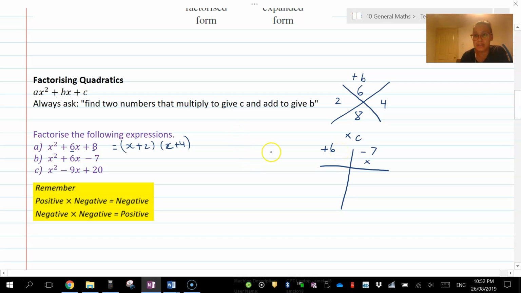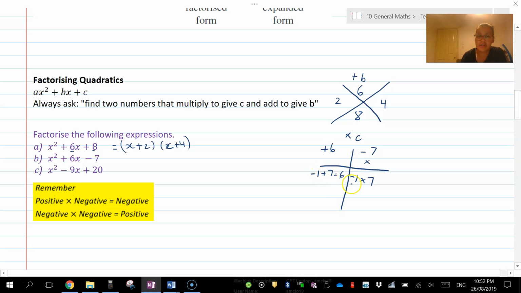I'm looking for a pair multiplying to 7. Well, 7's a prime number, so yay, happy days, it's only going to be 1 and 7. One of these has to be negative, and they also add together to give us plus 6. So it's most likely going to be negative 1 plus 7, because negative 1 plus 7 equals positive 6.